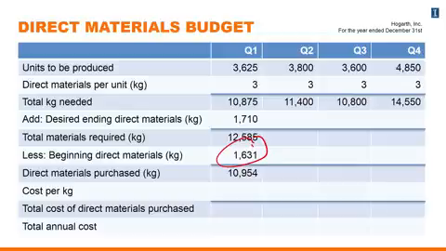So our total materials required of 12,585 kilograms, less the beginning inventory that we had on hand already of 1,631, means that we'll need to purchase or acquire somehow 10,954 kilograms for this quarter's production.